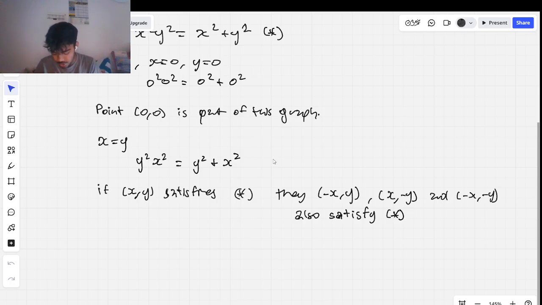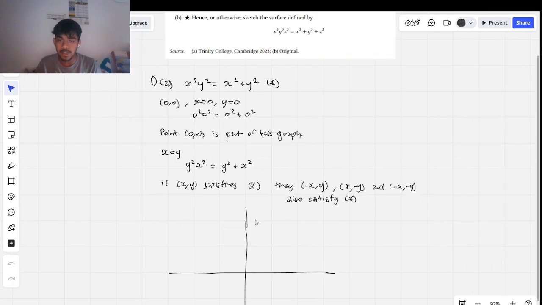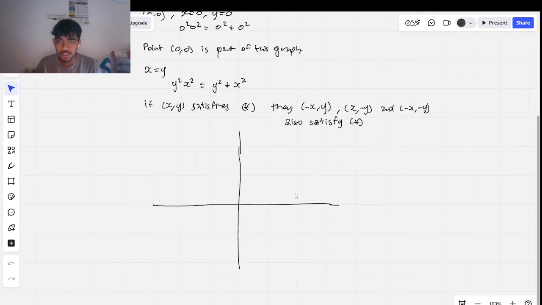Well, I'll draw my axes. I guess one of the benefits of symmetries is that if you know how the graph is going to look in this quadrant or in these two quadrants, and you know it's symmetric on both sides, then you automatically know how it would look here.